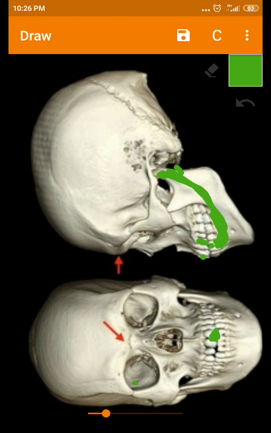Why occlusion is so intimately involved in the function of the TM joint, now you can understand, isn't it? During chewing also, anything that comes in between the teeth creates forces between the maxillary and mandibular teeth, and that force is transmitted to the temporomandibular joint.